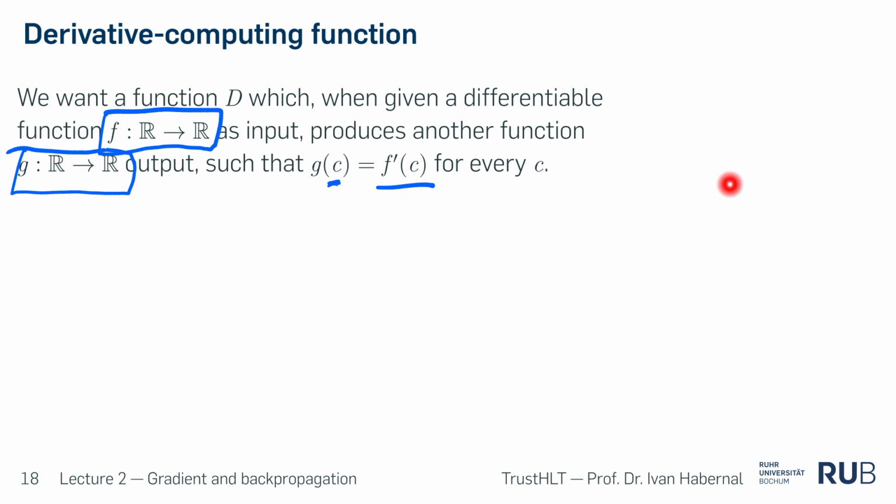What this means is that you know it already. So this is what you know as a derivative, basically. What is the derivative of x squared? 2x. Yeah.